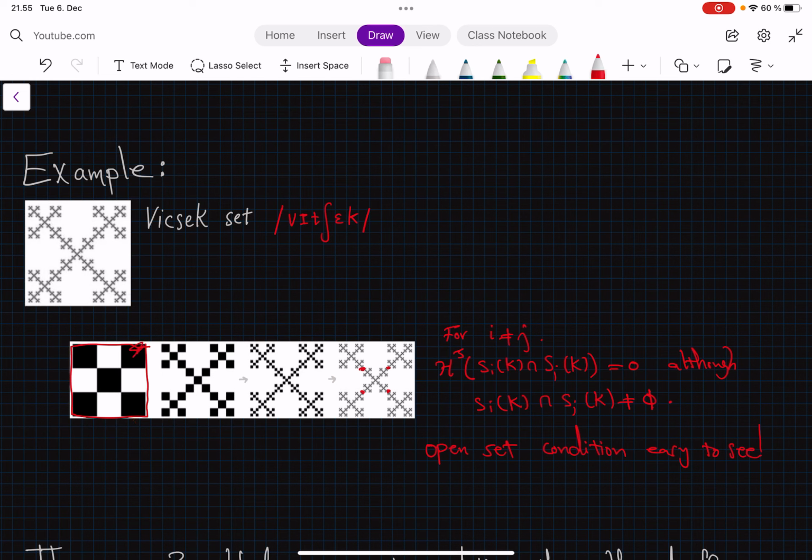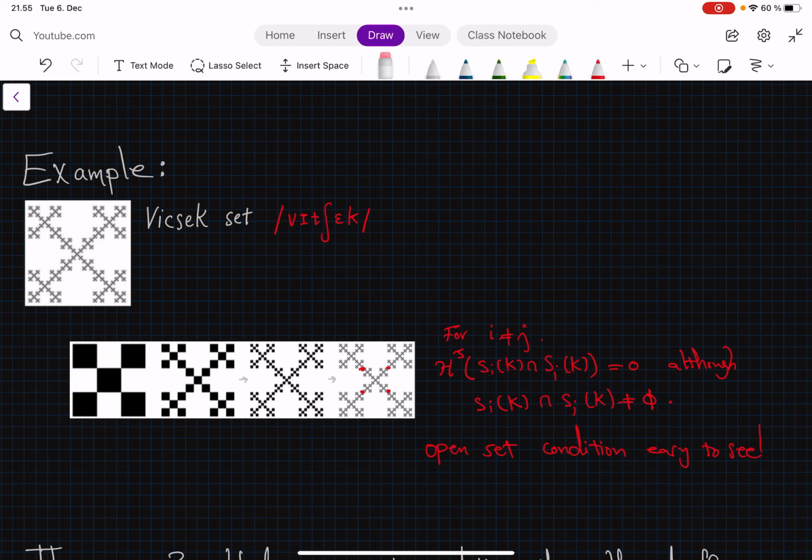So that means you will have rescaled copies of it placed into 5 positions, here, here, here, and here. And then you will have a scaling of the whole thing again, and then you will place it into the 5 corners, and you repeat this ad infinitum. The limit that you will get will be your Witschek set.